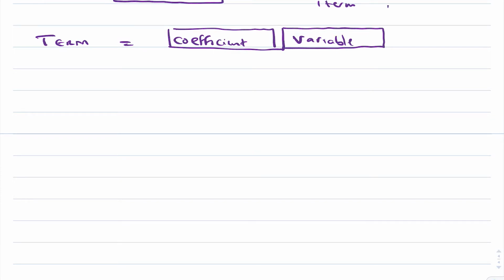And I put on top here what we call power. The posh name for power is exponent or index. So that's what a term is. A term is a coefficient, variable, and exponent together.